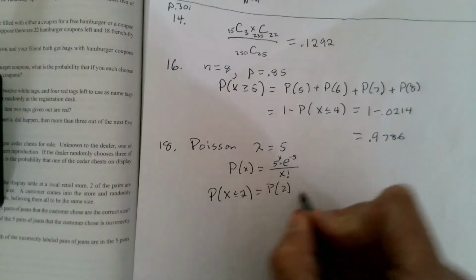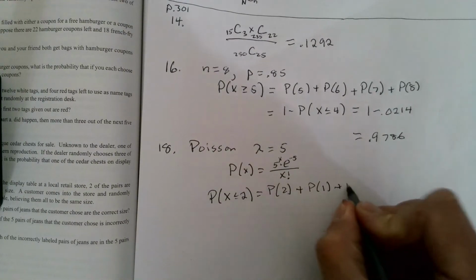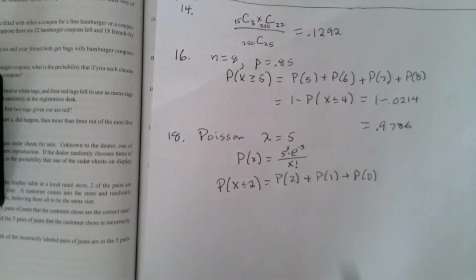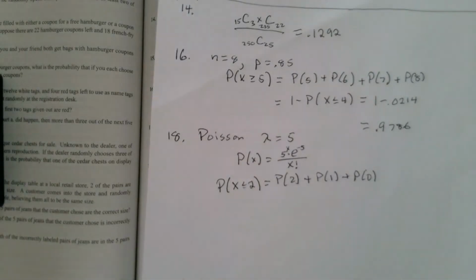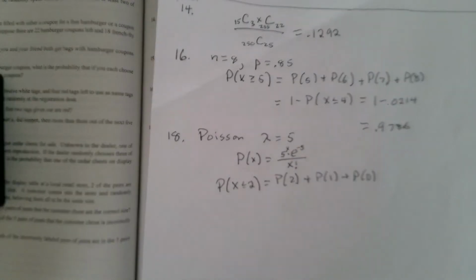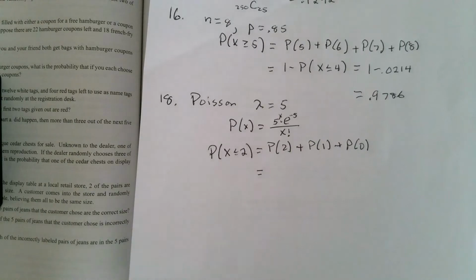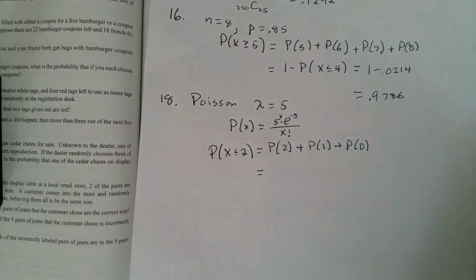So you could calculate P of 2, P of 1, and P of 0 using this formula. And then add the numbers together. Add the 3 values together. That should give you the right answer. The easier way is we can use Poisson CDF. That will give us the cumulative probability of 2. So Poisson, let's do it that way.